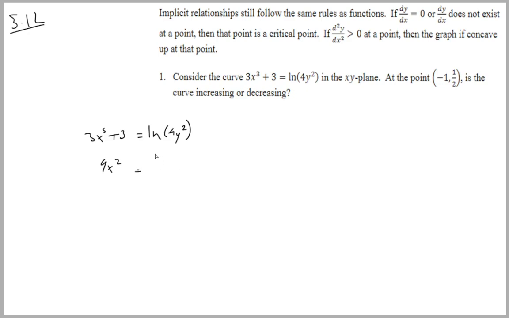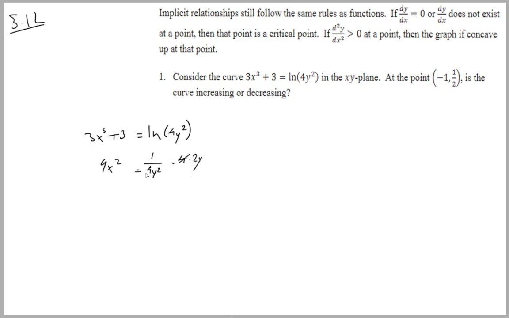And then the right would become 1 over 4y², and then we multiply it times the derivative of the inside, which would be 4 times the derivative of y², which is just 2y.